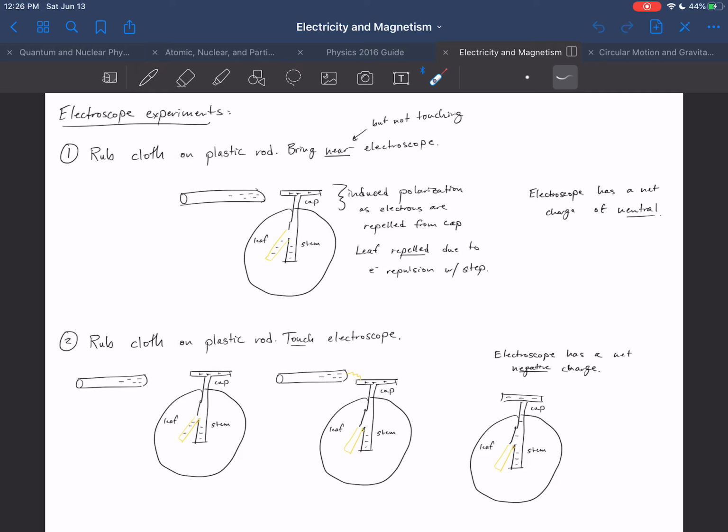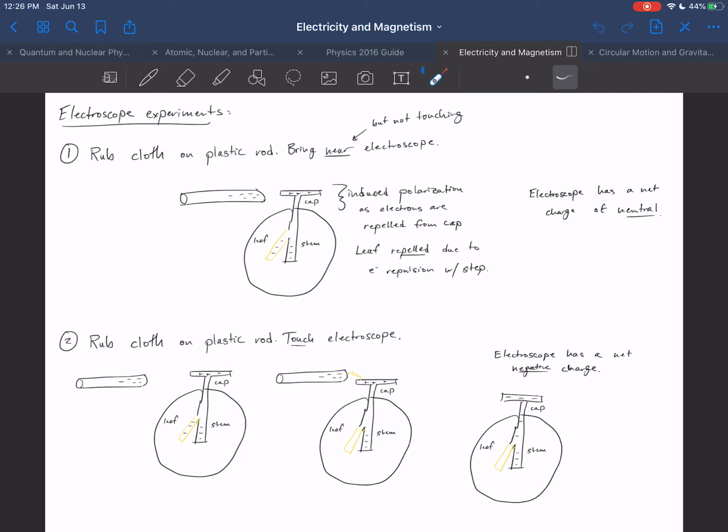It then has a very thin gold leaf, a very thin piece of foil that is attached to the metal stem. So in a gold leaf electroscope, you have a metal stem and then a gold leaf, at least one of them, and a metal cap that it's attached to.